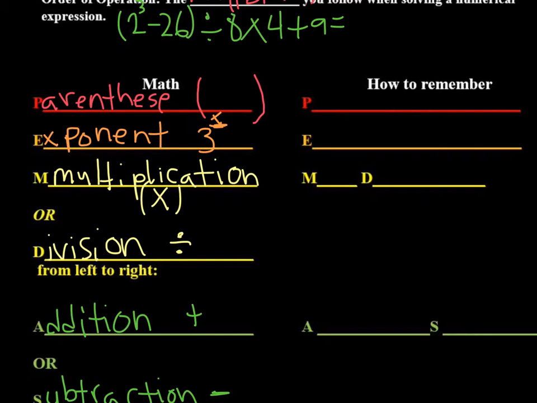So when we first start, P is parentheses. This would be step 1. So whenever you see the parentheses, you're going to start with everything inside the parentheses. You're going to add or subtract or multiply everything in the parentheses before you move on.